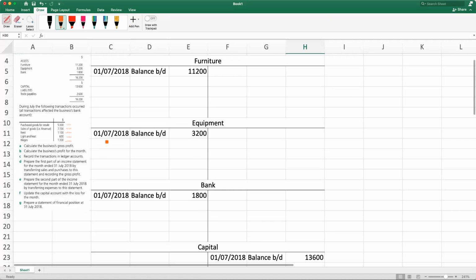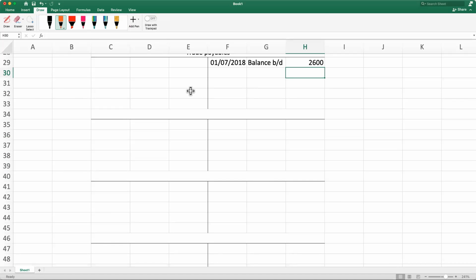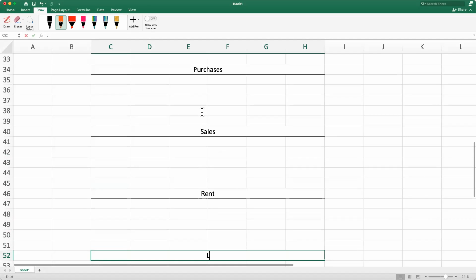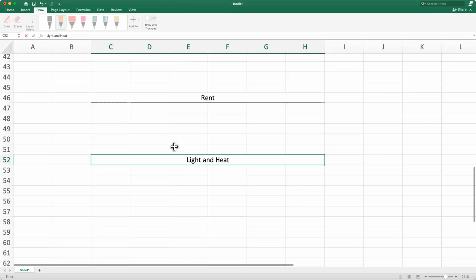All these accounts we need to open. So there's 5 more. Purchases, sales. Just open those accounts. Rent, light and heat, and wages.